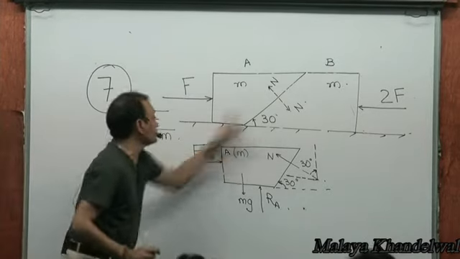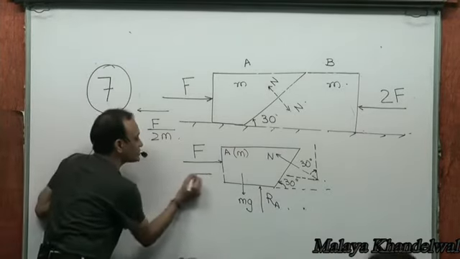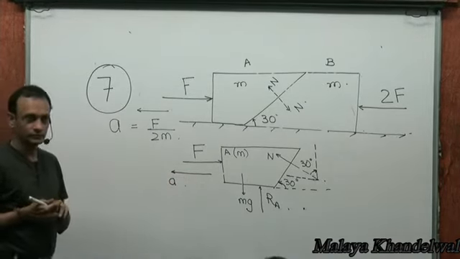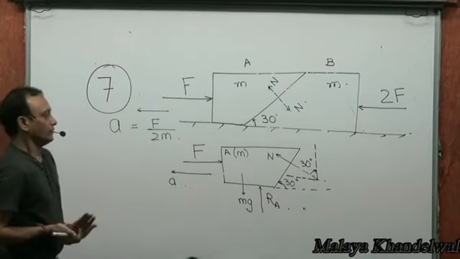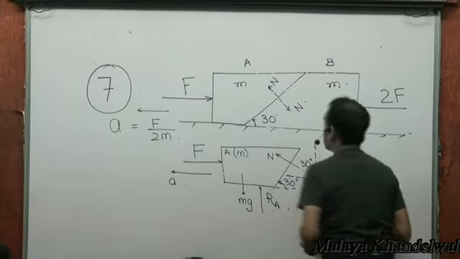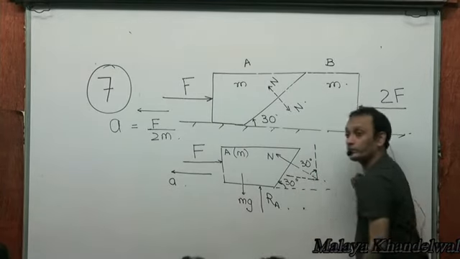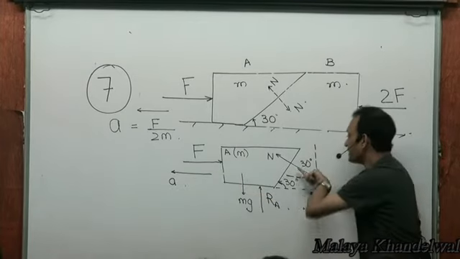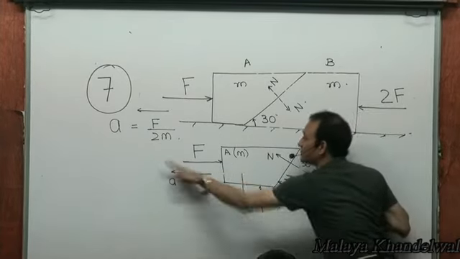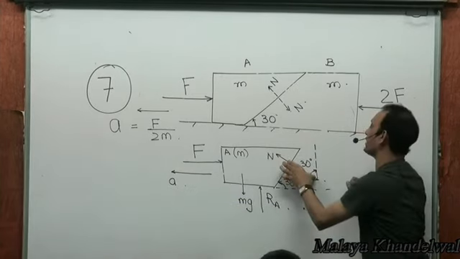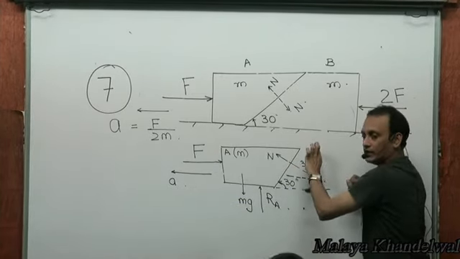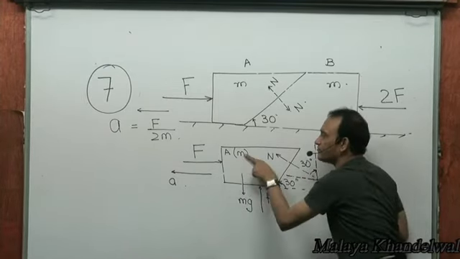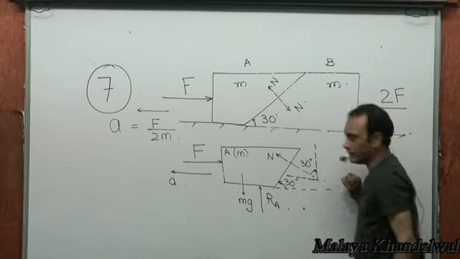So the effect of all of this is known to us, which is an acceleration a to the left, right? Now, what causes a? N sine 30 degrees minus F. N sine 30 degrees minus F must be m into a. N could have been resolved as N cos 30 degrees vertical, N sine 30 degrees horizontal. So can I say N sine 30 degrees minus F is m into a? Could that be said?